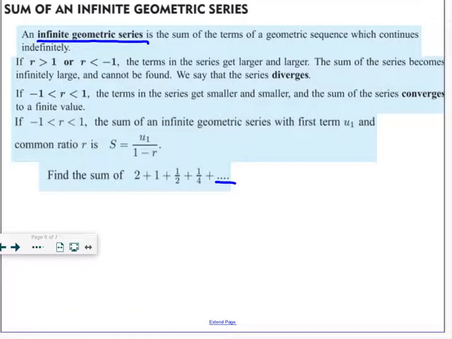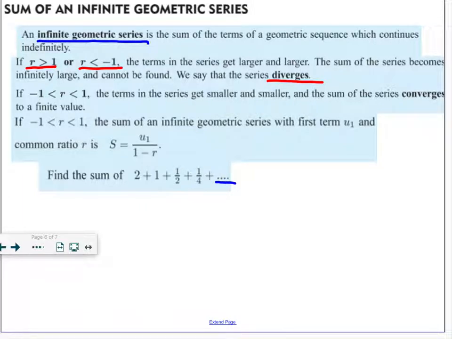If our r value, our common ratio, is greater than 1 or less than -1, meaning its absolute value is greater than 1, we say the series is divergent. As the numbers get larger and larger, it keeps adding larger and larger numbers, and it's going to go to infinity.